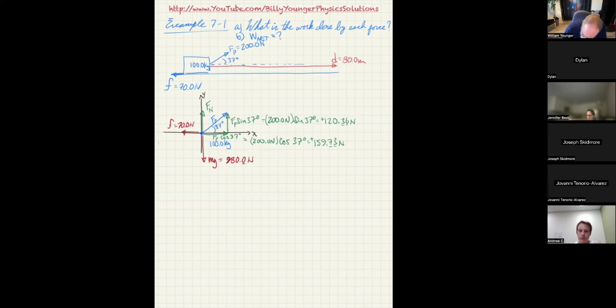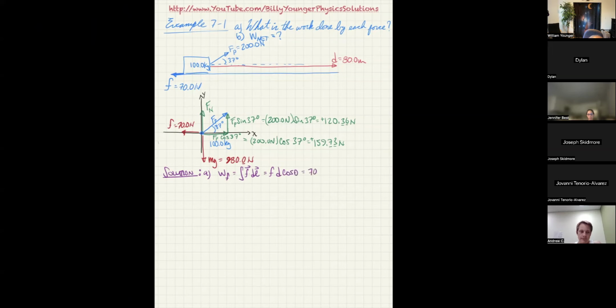Okay, so now I'm going to work on my solution. I'm first going to do part A. Let's do the work done by friction. That's equal to the integral of F dot dl in general. But here the force is constant, so it's really just going to be F times D times the cosine of the angle between them.